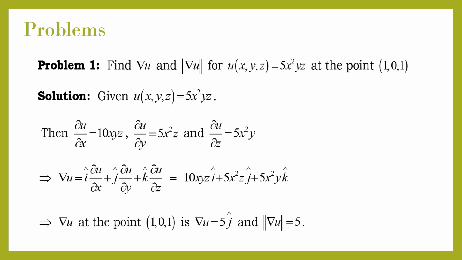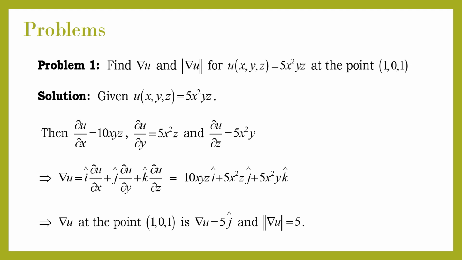We need to find out its partial derivatives dou u by dou x, dou u by dou y and dou u by dou z first. Dou u by dou x of this u equals 5x square yz is 10xyz. Dou u by dou y equals 5x square z and dou u by dou z equals 5x square y.